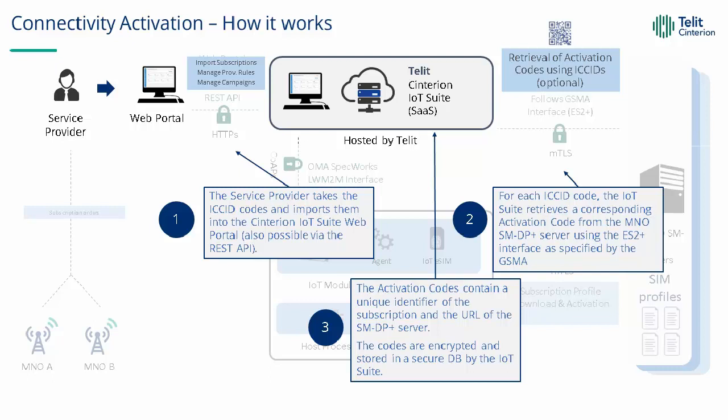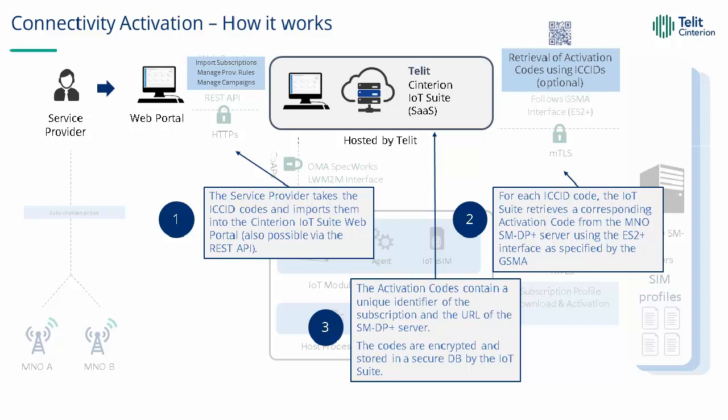Just one thing to mention here: we also support the ICC-ID code, which is not the activation code. The ICC-ID could also be loaded into our platform, and we will use it to talk to the operator server through another interface, ES2+.